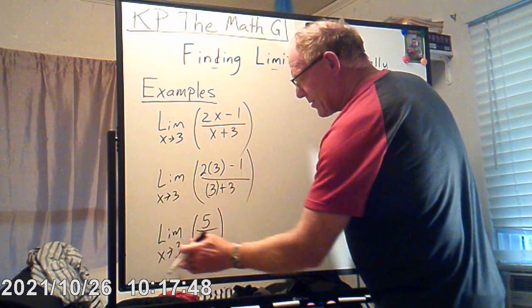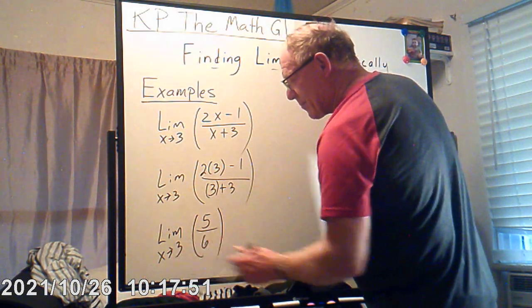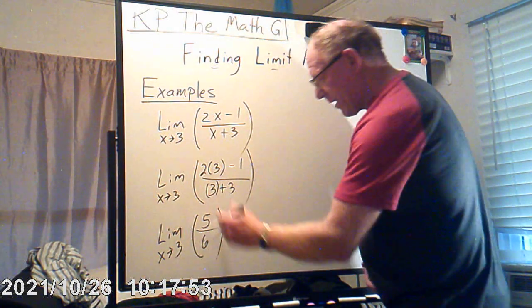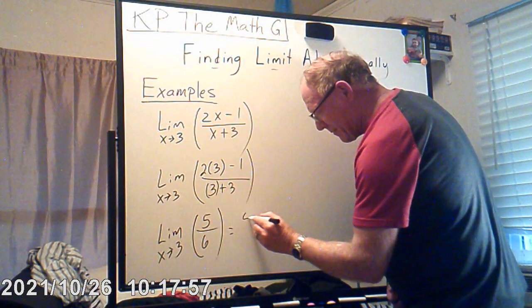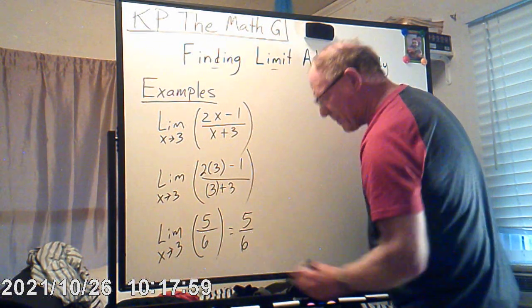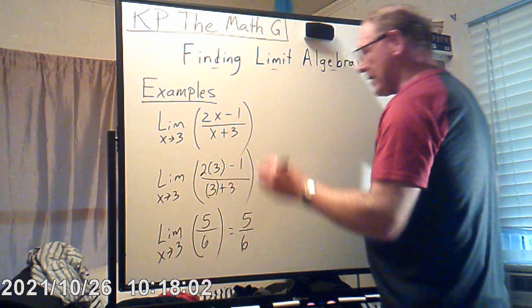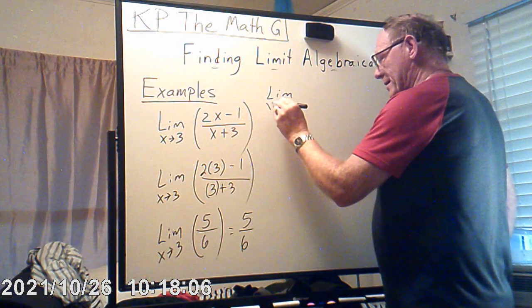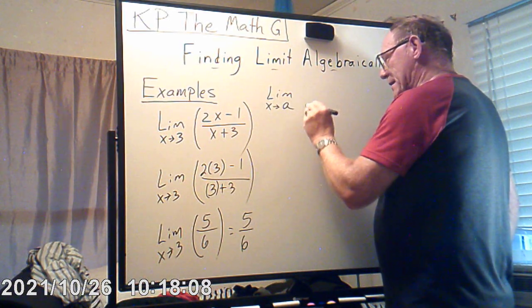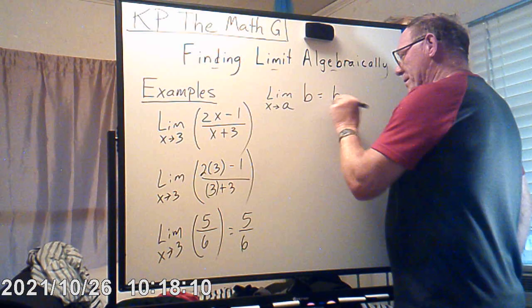When you get this, the limit as x approaches some number, 5 over 6, or some number a, it is just that number. There is a rule that says that the limit as x approaches a of b is simply b.